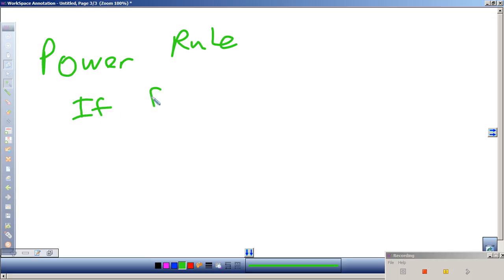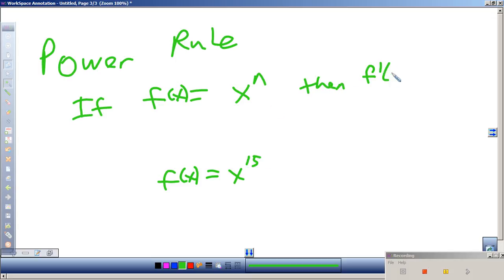It says if f of x equals x to the n, in other words, we just have something like x to the 15, then f prime of x equals, not 15, n x to the n minus 1. Here's an example: f of x equals x to the 15. So what is it going to be here?